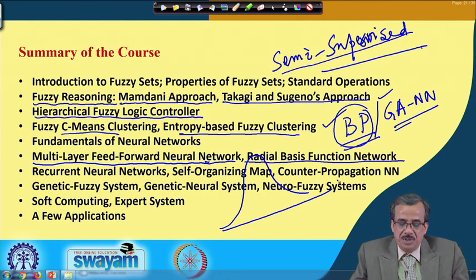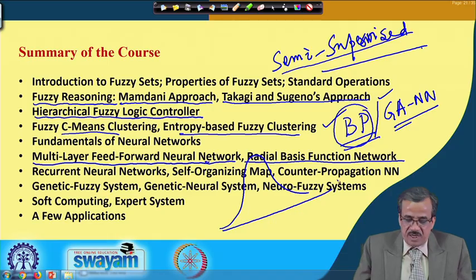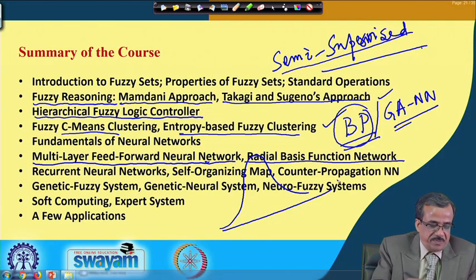For example, say we use hard limit transfer function, we use linear transfer function, we use some other type of nonlinear like log sigmoid transfer function or tan sigmoid transfer function. So, using this radial basis function network, as we mentioned, we can find out the input output relationship.